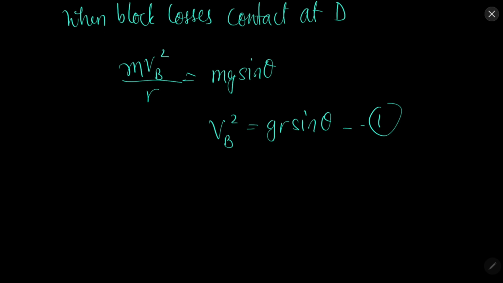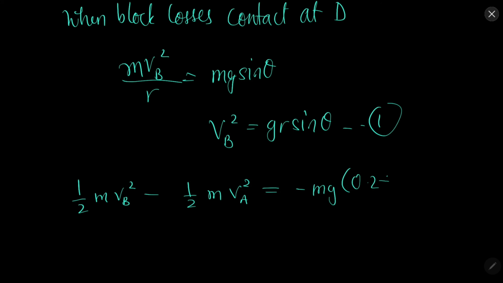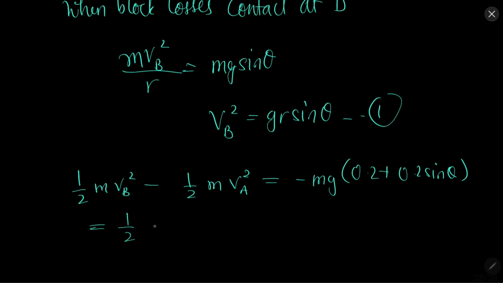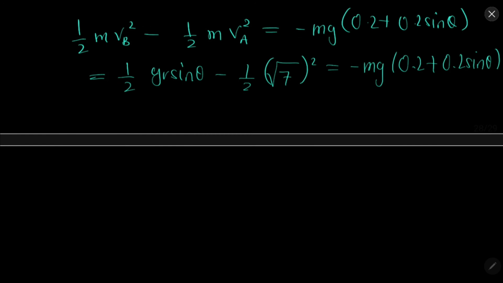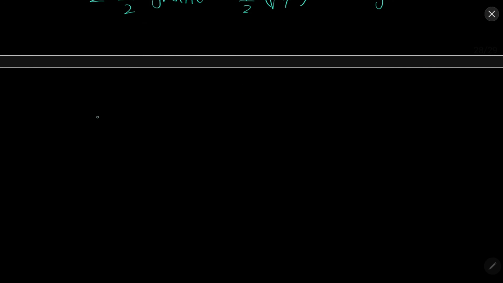So by the work energy principle, half m vb square minus half m va square equal to minus mg into 0.2 plus 0.2 sin theta. So half g r sin theta minus half root 7 square equal to minus mg into 0.2 plus 0.2 sin theta. So after solving this, sin theta will be 1 by 2, or theta will be 30 degree.